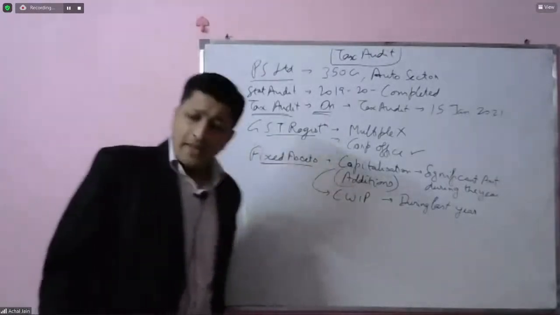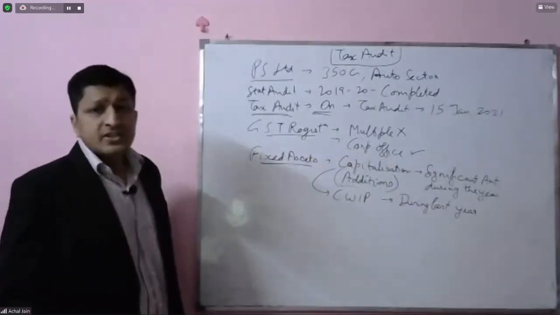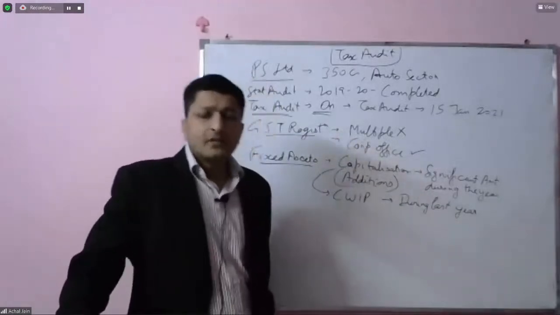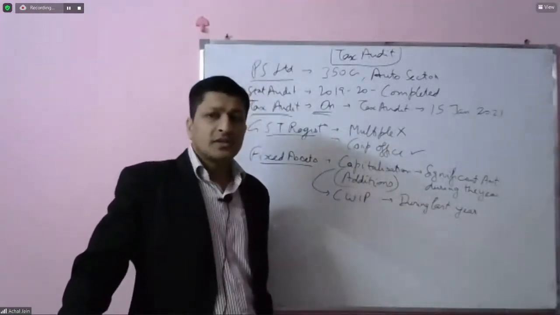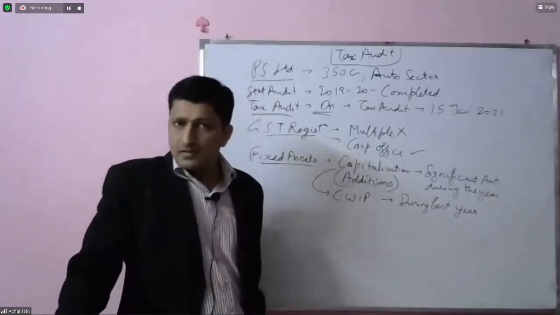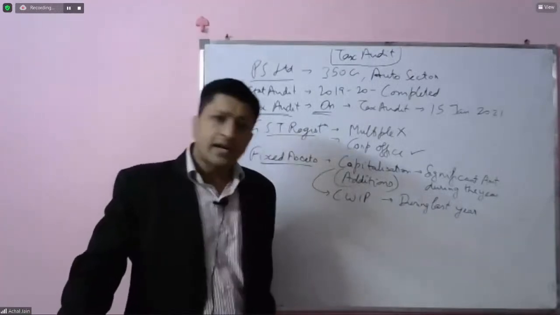That's why the management thinks that because all of these additions have moved from CWIP to PPE or to fixed assets during the year, there's no need to reflect all of those items in the Form 3CD under additions.